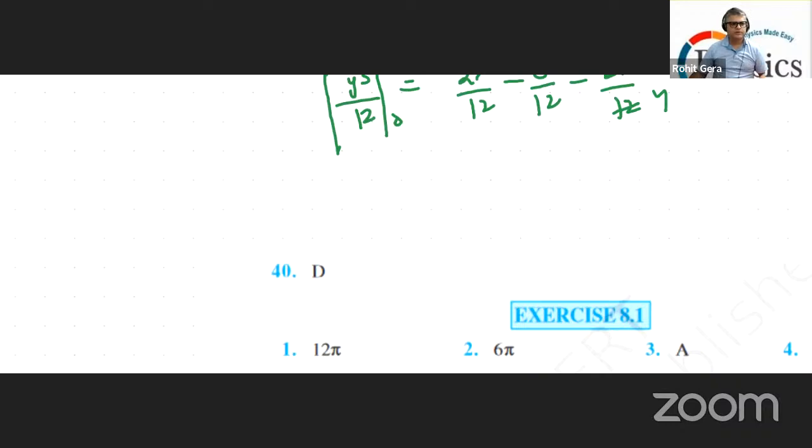Let me just. Mathematics. So I'm looking for board paper question from board examination.